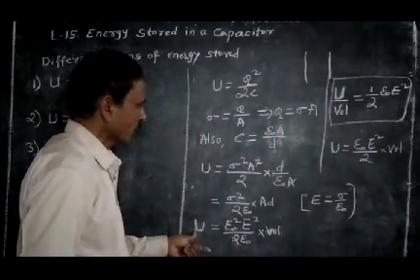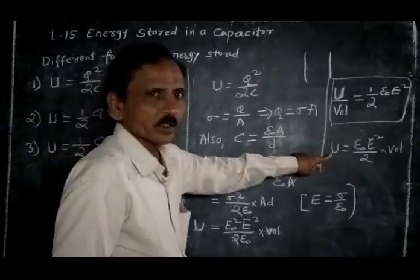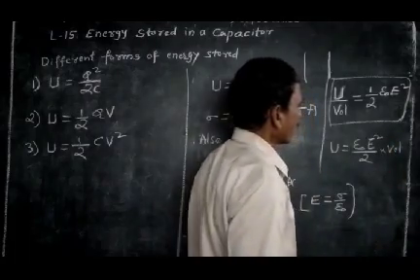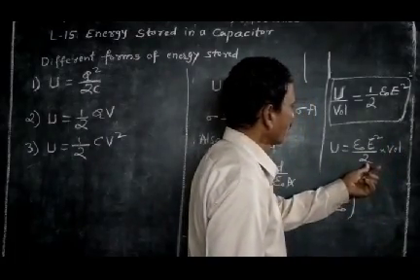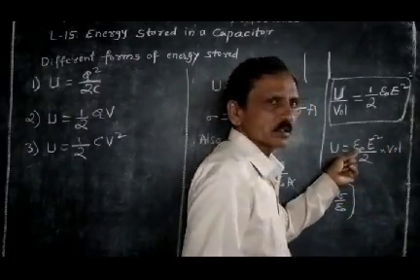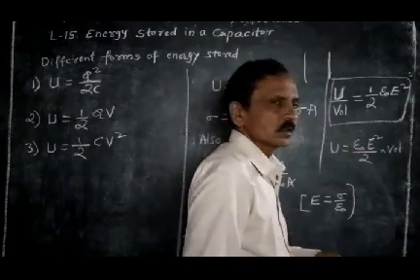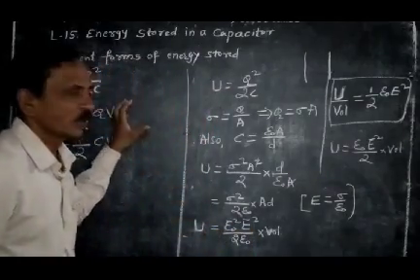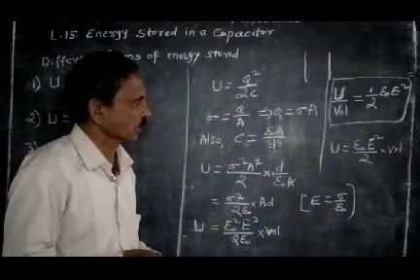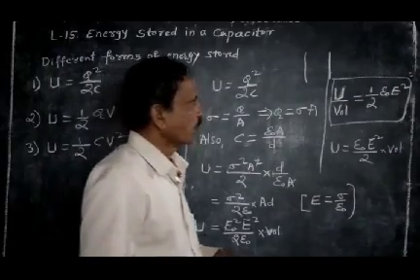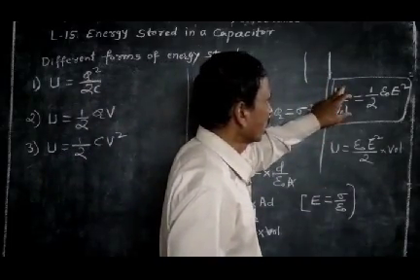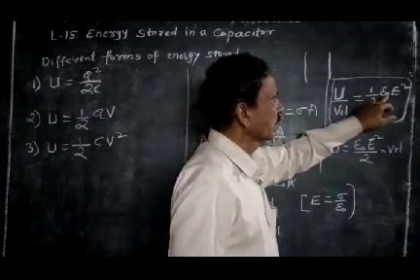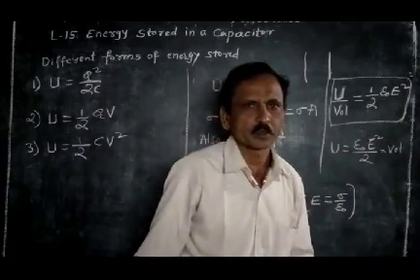This is the expression for energy stored in a capacitor having electric field E, volume V, and epsilon naught is permittivity of the medium between the plates of the capacitor, and energy density, which is energy per unit volume, is equal to half epsilon naught into E square.